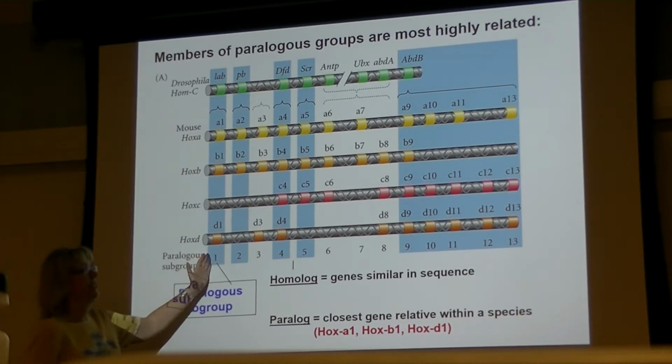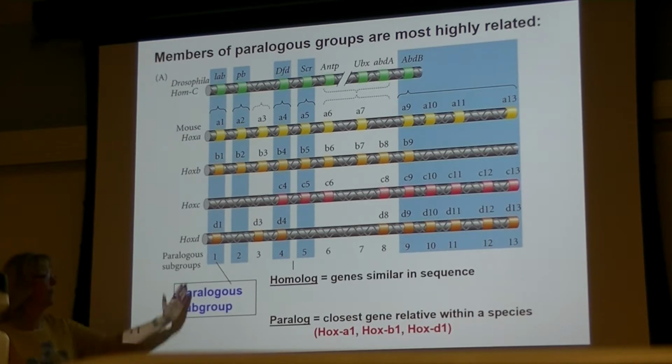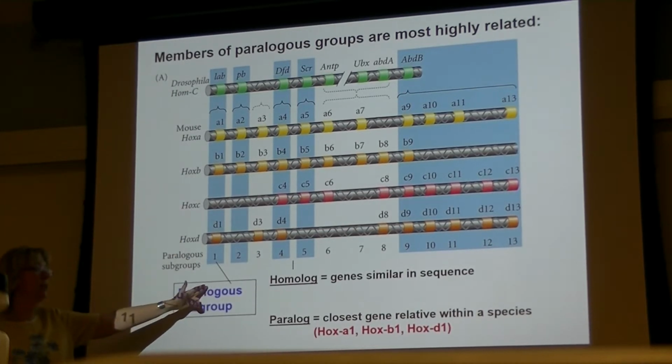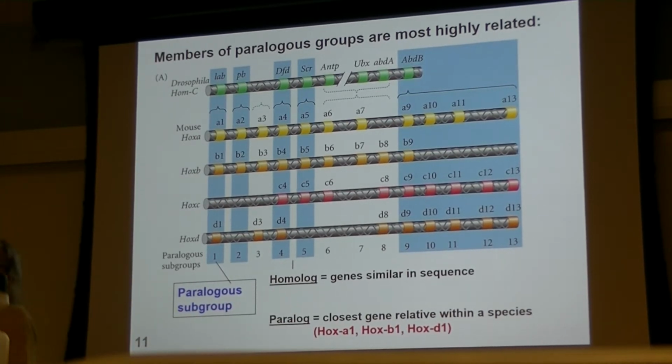More similarity to each other than to other Hox genes in general. So paralogs describe these closest genes within a species, and then homolog is more of a general term to just say that they're kind of related in sequence.